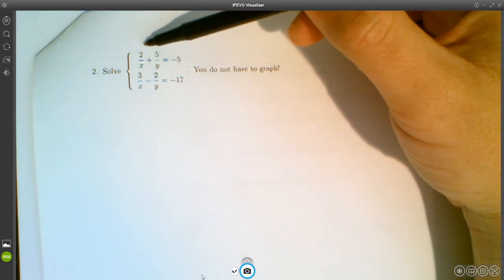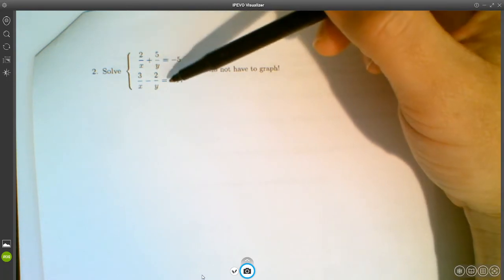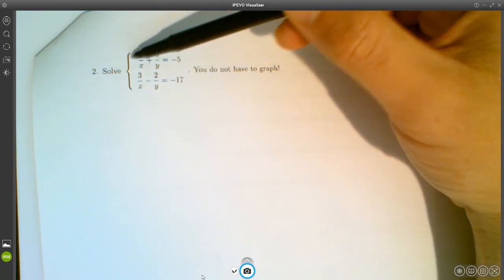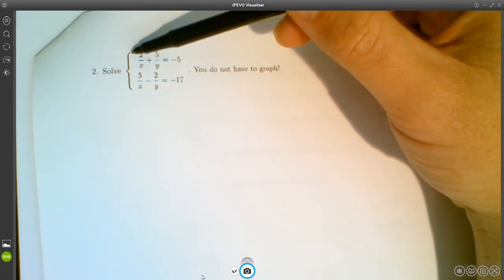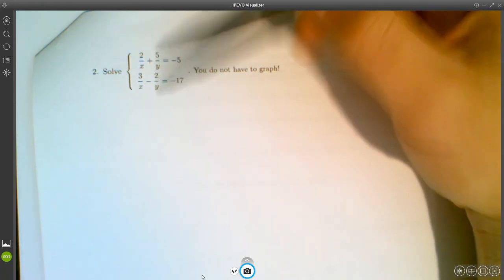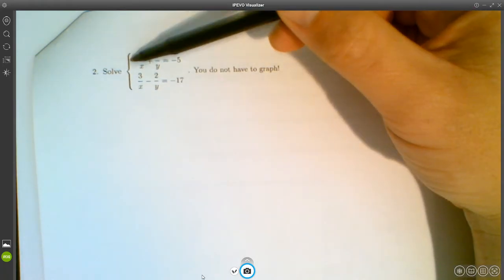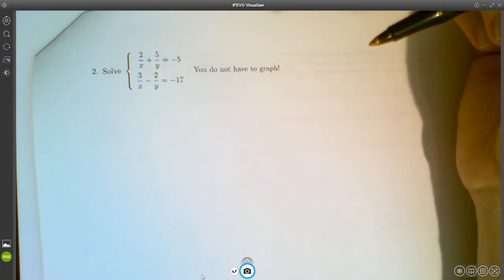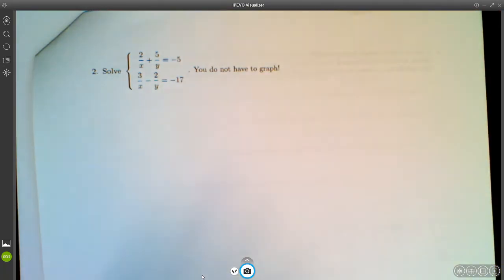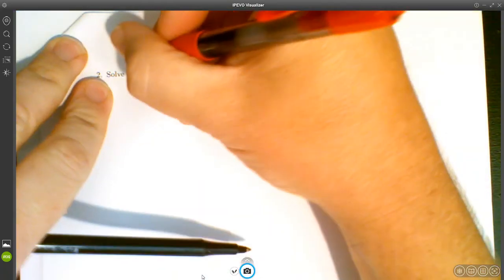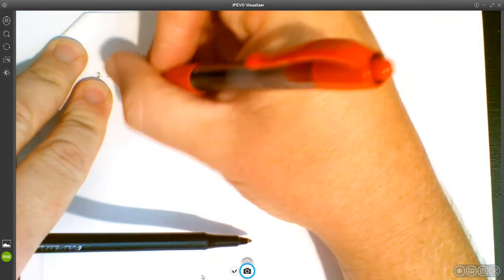I'm going to solve this one by elimination. I can eliminate the 1 over y's by multiplying the top one by 2 and the bottom one by 5. So that's what I'm going to do. You might have made a different choice, and that's okay. But I'm going to do 2 times the top and 5 times the bottom.